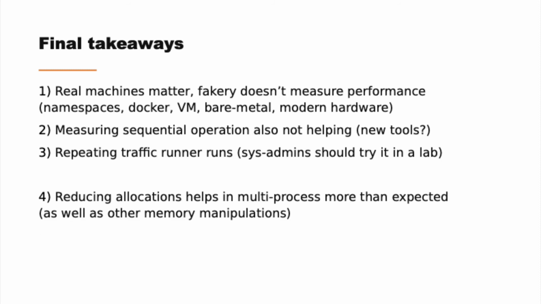So final takeaways: real machines, yeah, they matter. So we've been doing a lot of fakery in terms of our test environments and things like that. We've been coming up with very, very synthetic benchmarks. So the original ones for search and for modifies and things like that, actually, I don't know if they impact a lot of users necessarily.